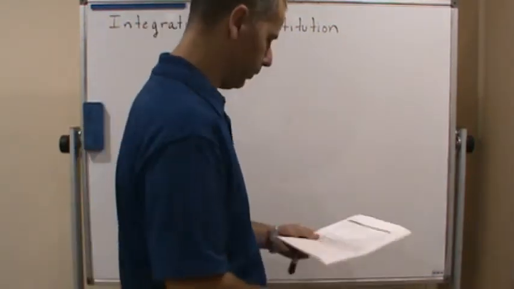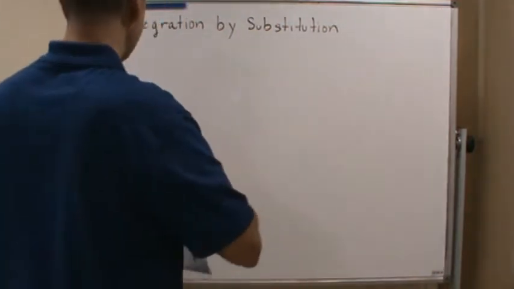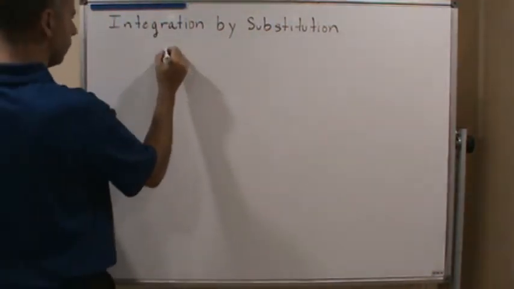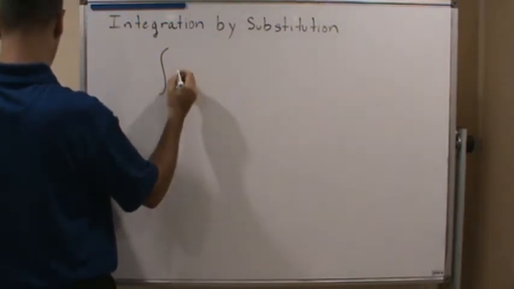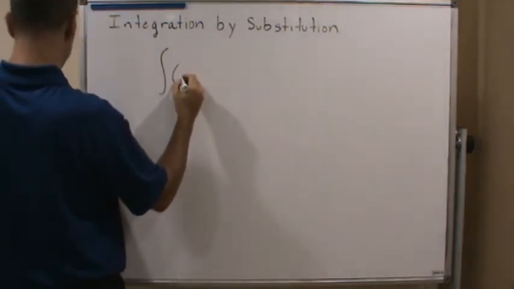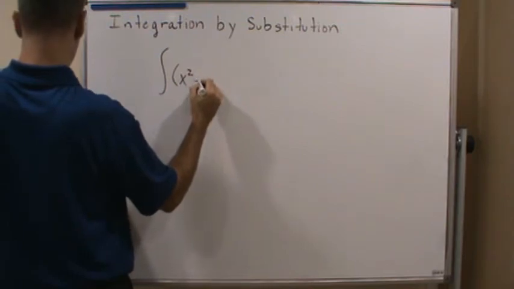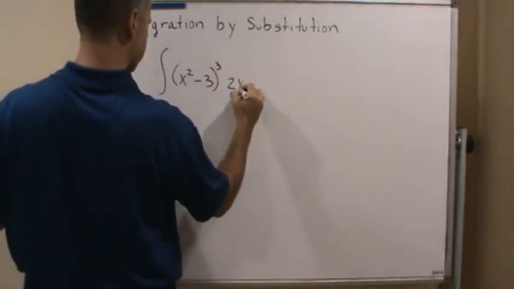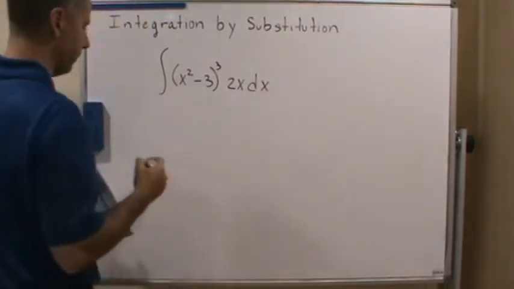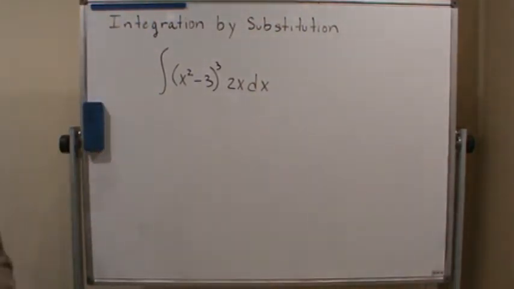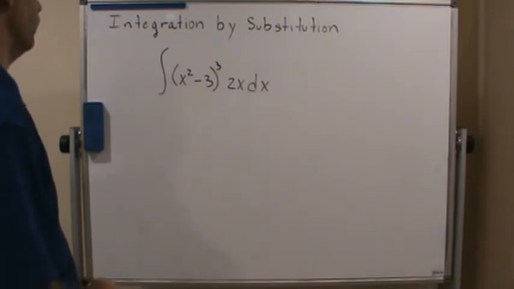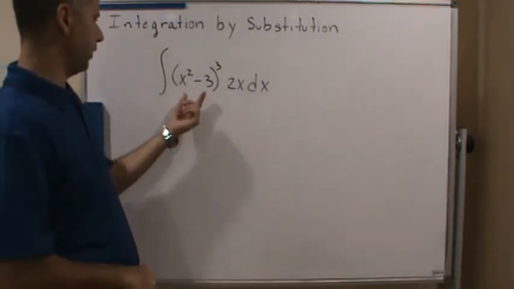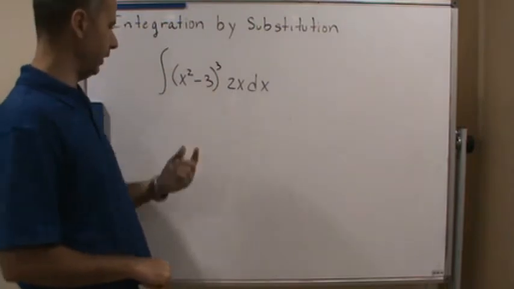Okay. For example, if I give you something like this, and we want to integrate it. Well, we notice that we have an inside function, so we have a composition of functions here, right?